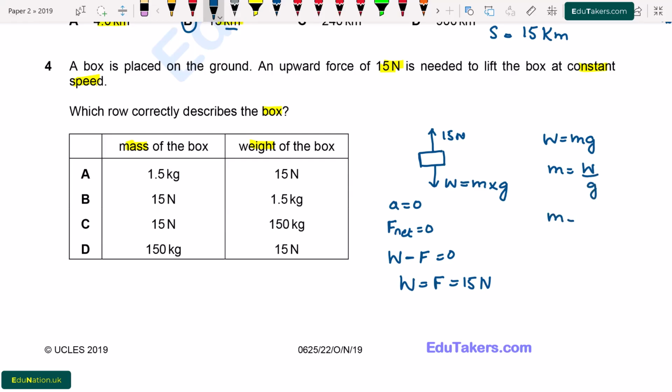So mass is equal to weight, 15 Newton, divided by the value of g, which is 10. So mass is 1.5 kilogram. Now we see the options. Option A, mass is 1.5 kilogram while the weight is 15 Newton. So this option is correct.